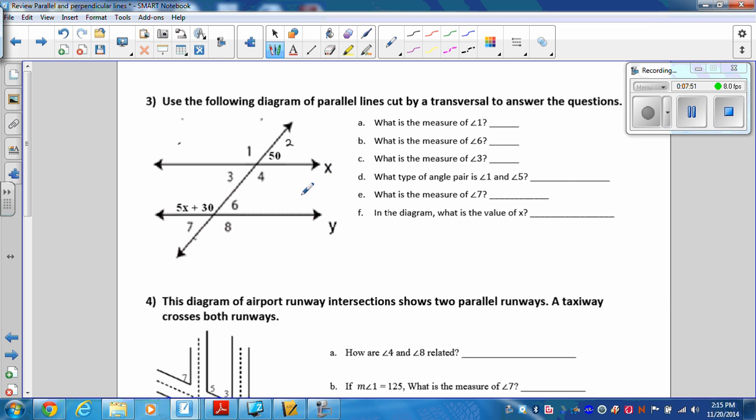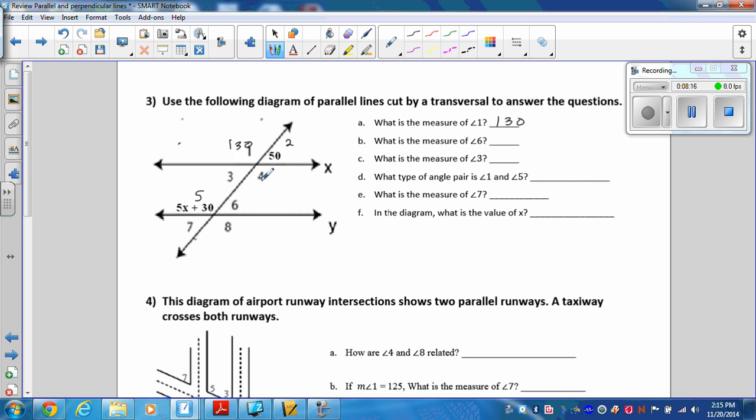So here, let's make a note that angle 2 is here and angle 5 is here, because that's not noted, and we will need to see that a little bit later. So the measure of angle 1 has to be 180 minus 50, or 130, because these two angles are supplementary.